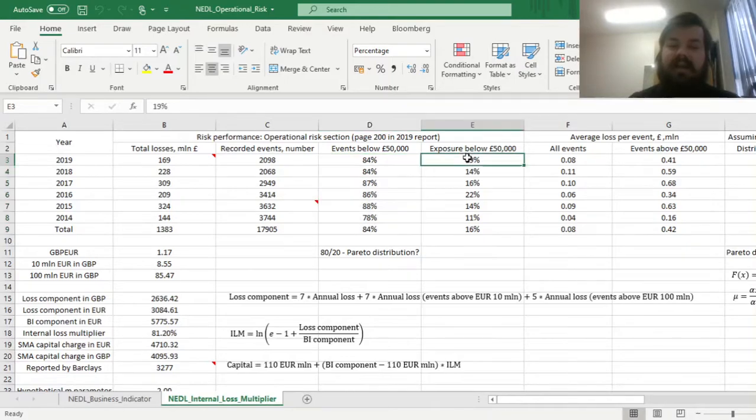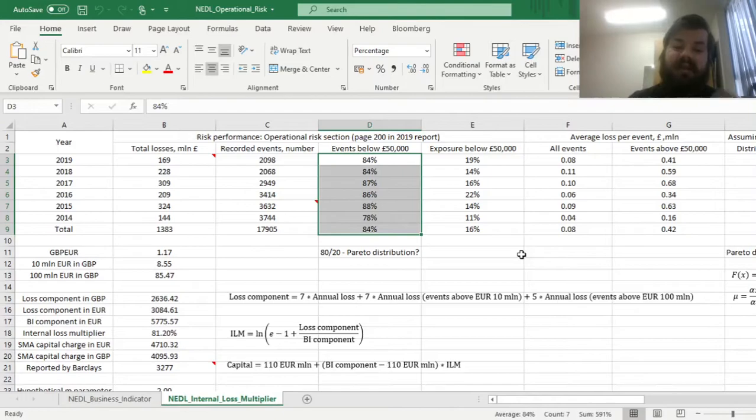And the exposure, so the total amount of losses that was generated by such small events. And here we can see a very notable discrepancy. Well, events that lost Barclays lower than £50,000 each were dominant in terms of the number of events, more than 80%.